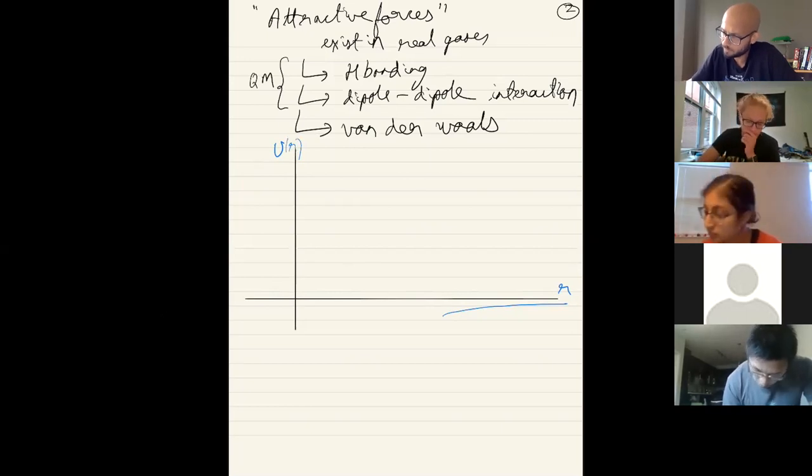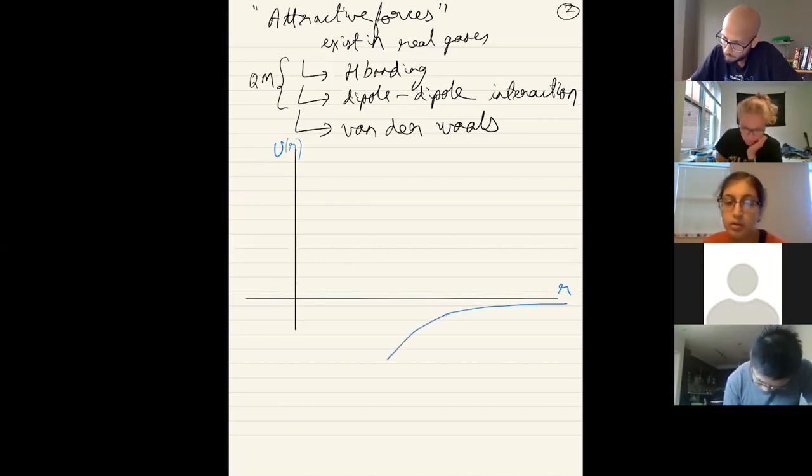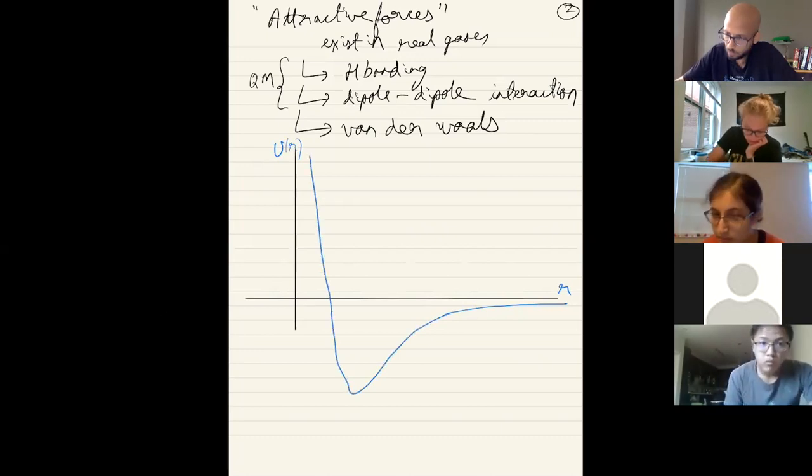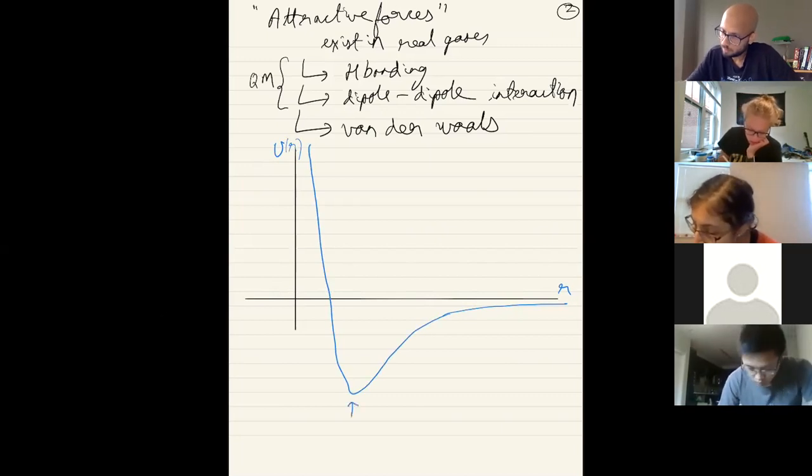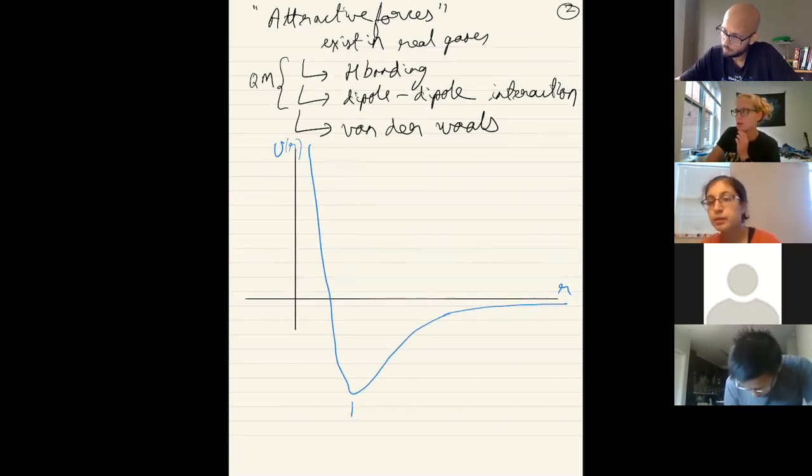As R tends to infinity, it goes to zero, no problem. Things are not talking to each other. But as you come closer, it becomes negative. And again, as you get very close, it blows up. So this is the, actually, let's talk about this part.